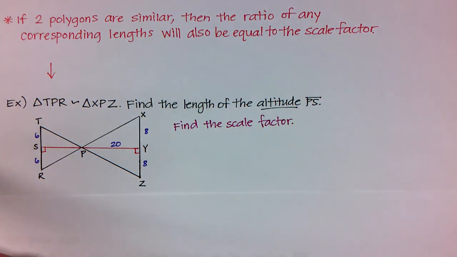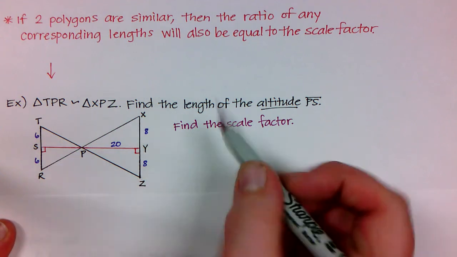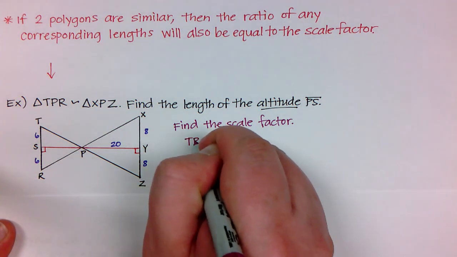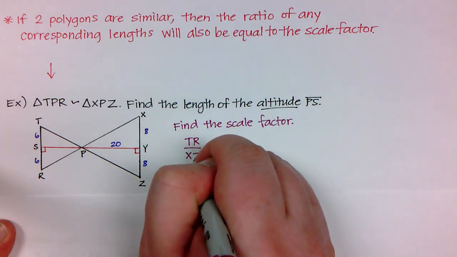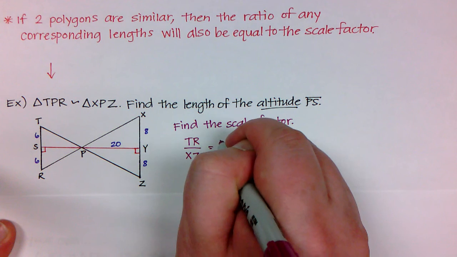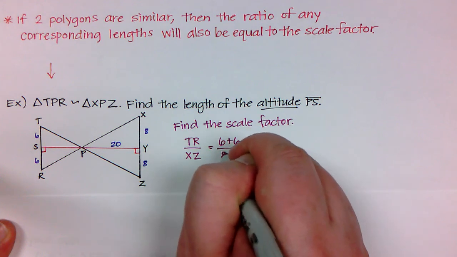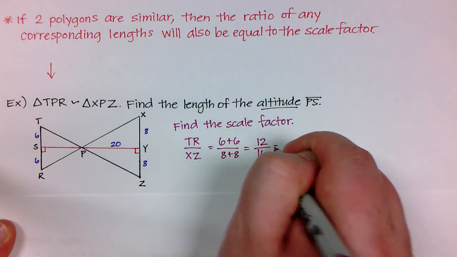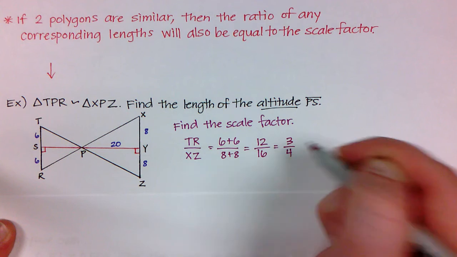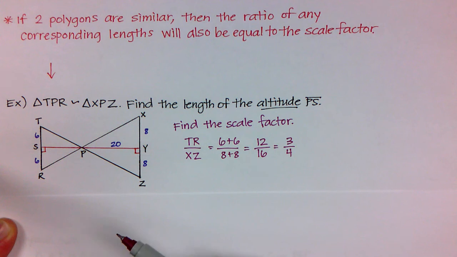And because I'm given some information but not a whole lot, I'm going to use the information that I have. I have what TR is, and I also have the length XZ. So TR is 6 plus 6, and XZ is 8 plus 8, so that's 12 over 16, which simplifies to 3/4. So the scale factor for both of these, when I compare them for any length, should be 3/4.